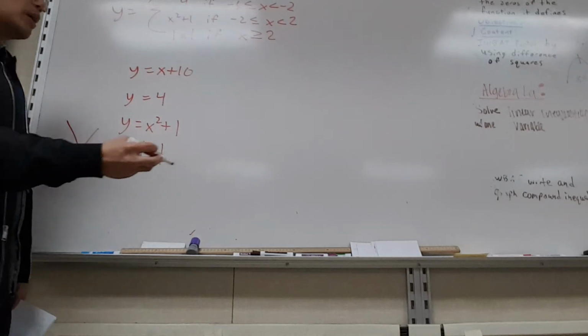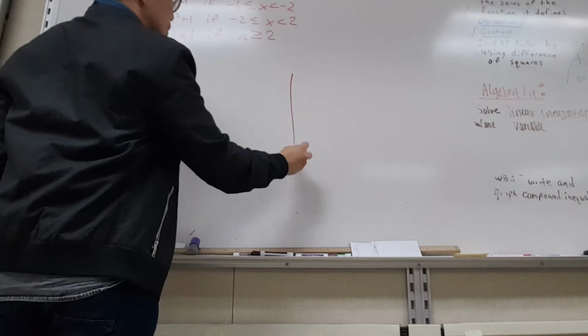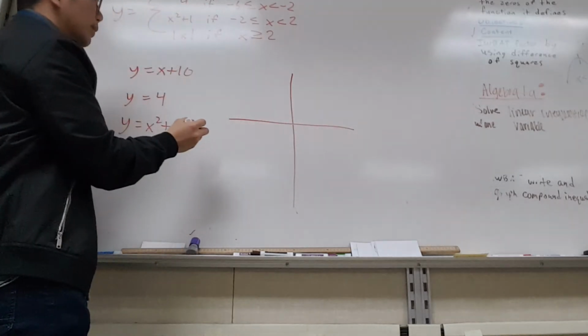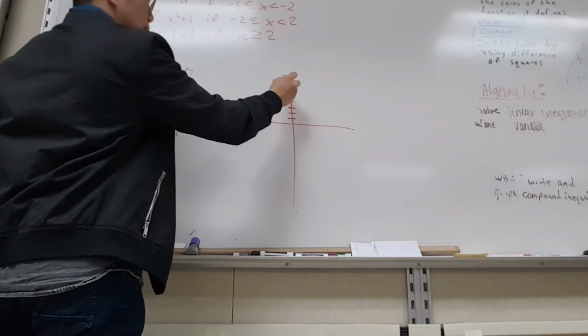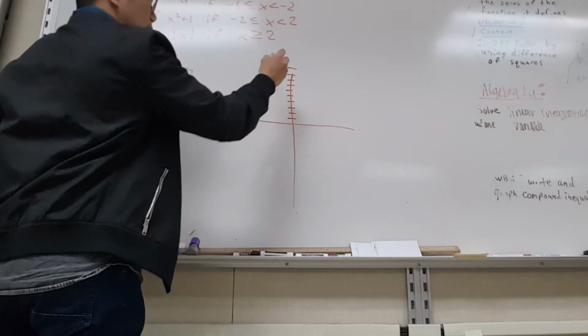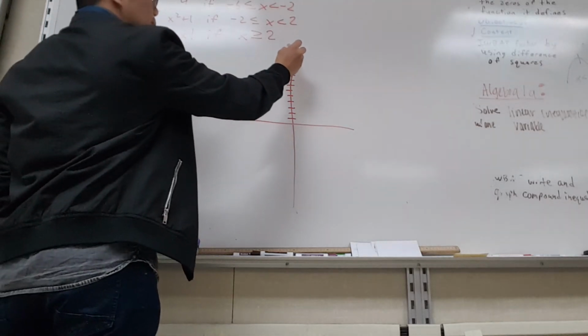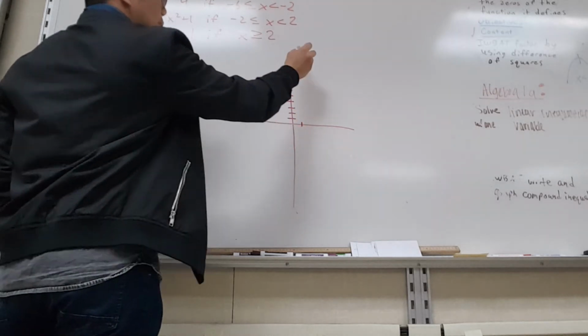So the way you go about graphing this is you could just go ahead and graph each one separately. So if I'm going to graph x plus 10, right? That's a y-intercept of 10, and it has a slope of 1, which means you go up 1 to the right 1.